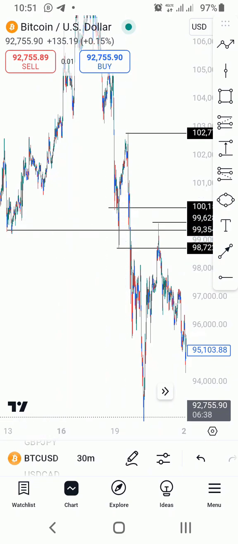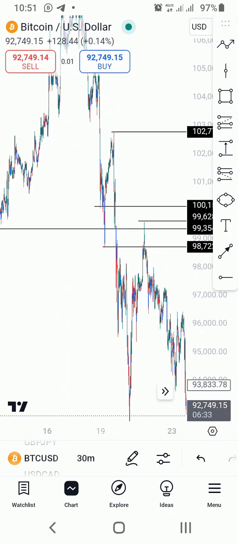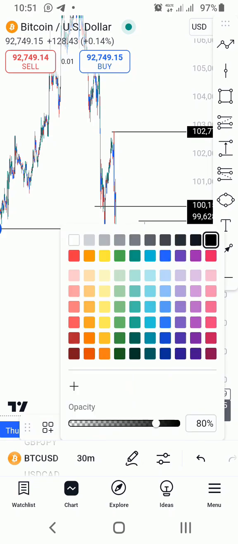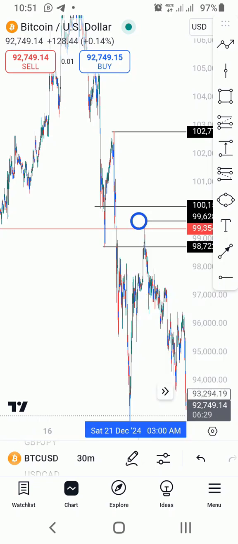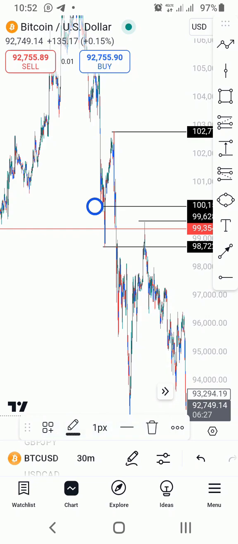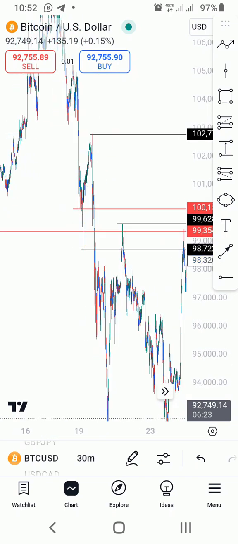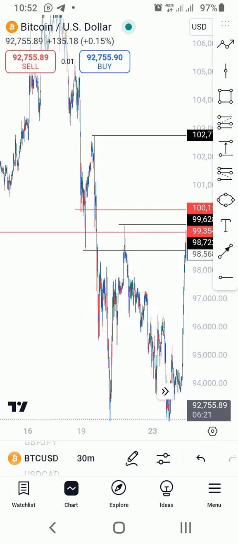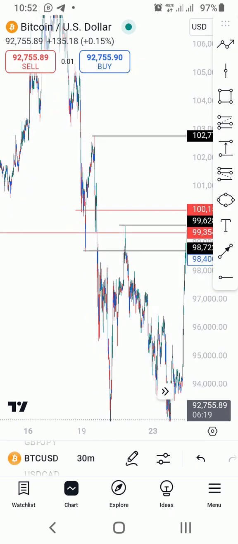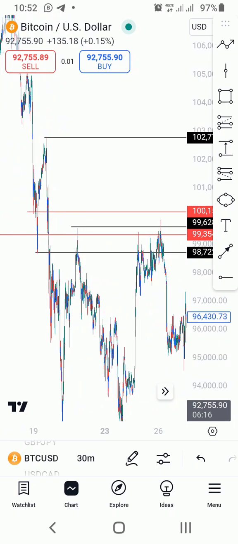Meaning those are supposed to be our entries, then stop loss above. Okay. So let me make this one a red for easy identification, and this one, our entries are red also. So meaning that we are supposed to enter from that red one, as you see properly here, the way it's done.